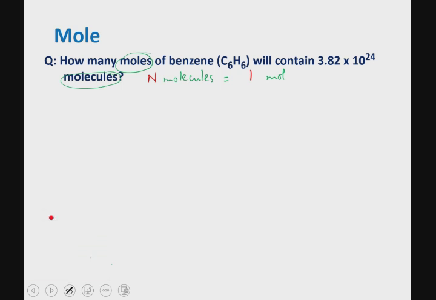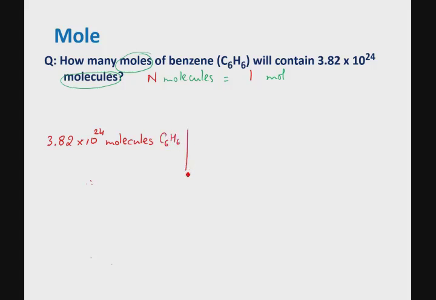Okay, so now we set the problem up starting with the data given that needs to be converted, in this case 3.82 times 10 raised to 24 molecules. Please do not abbreviate molecules as MOLE or MOL. They are not the same thing. You have to write it out.